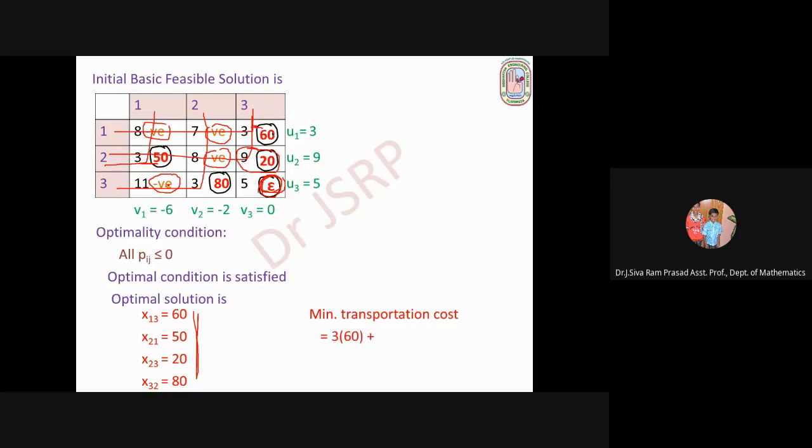Okay, so 3 into 60, 3 into 50, 9 into 20, 3 into 80. This is 750. So the total minimum transportation cost is 750.